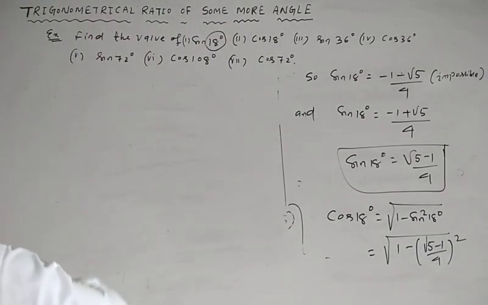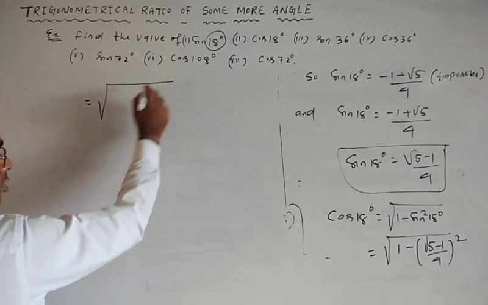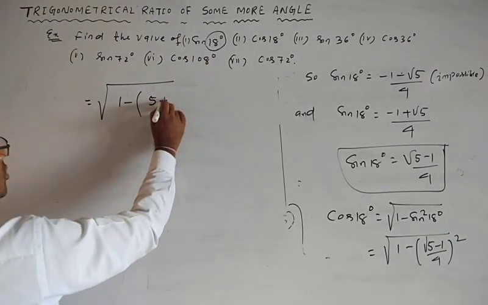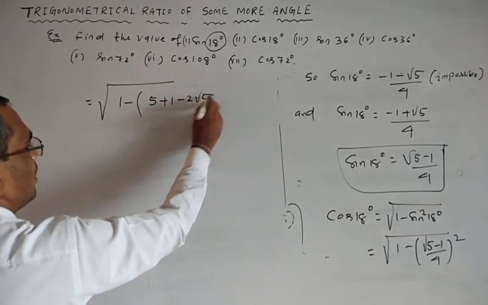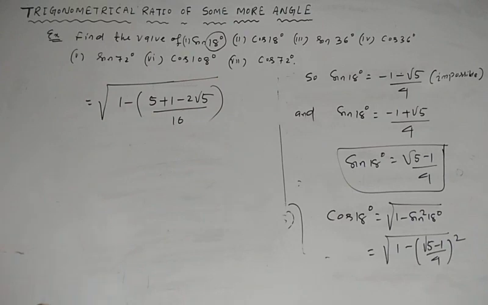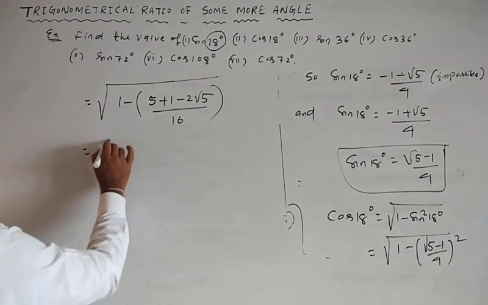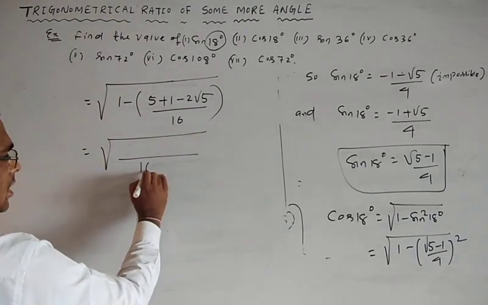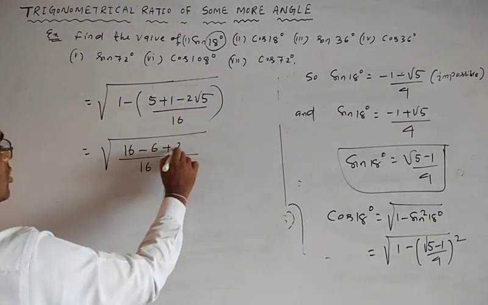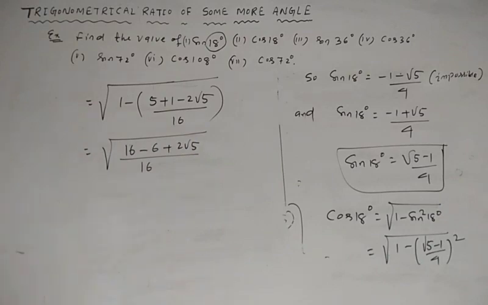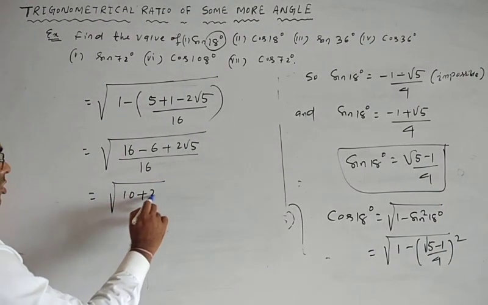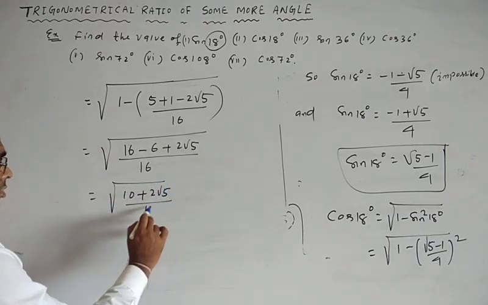This is equal to root over 1 minus (5 plus 1 minus 2 root 5) by 16. Taking LCM 16, we get 16 minus 6 plus 2 root 5. So 16 minus 6 is equal to 10. So this is equal to root over 10 plus 2 root 5 by root 16.